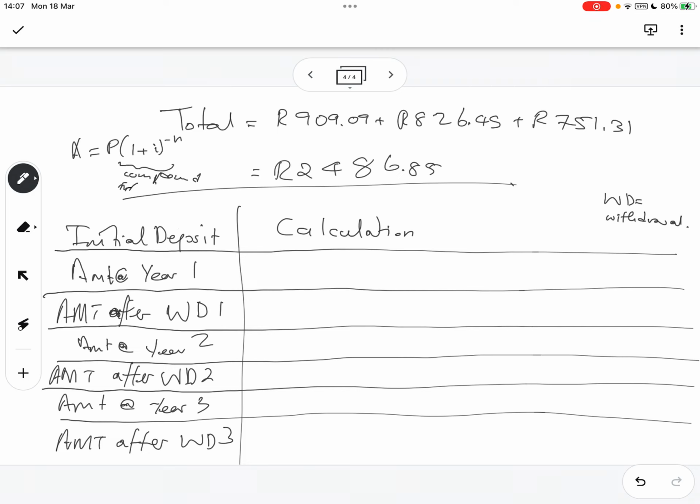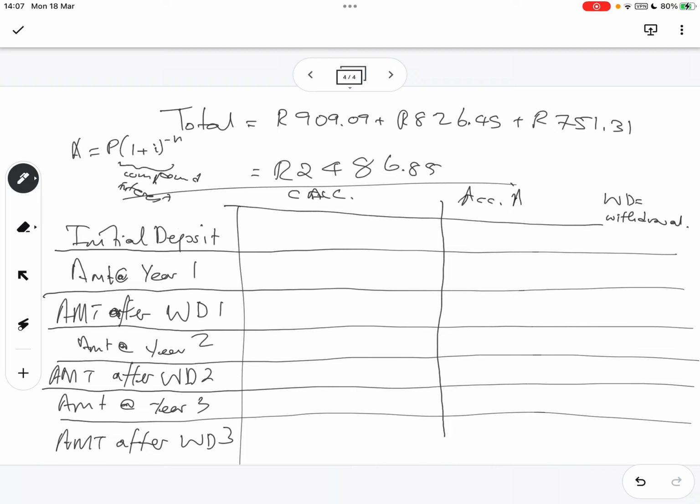That being said, the amount after year 1, or rather initial deposit, we leave it blank because, so I'll just put calculation there. And then here I'll put accumulated amount.